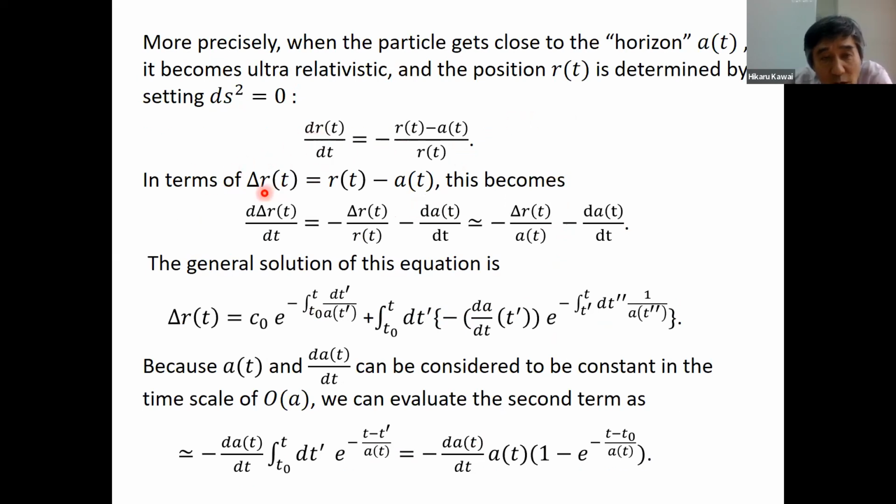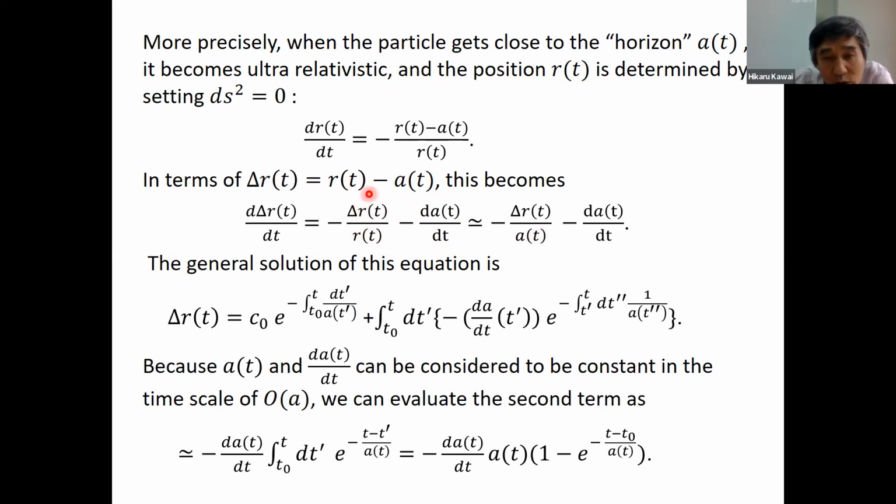In terms of delta R equal to R(t) minus A(t), this is a deviation from the horizon. If we take a time derivative of this, dr/dt is given by this, but the numerator is delta R by definition, and we have minus dA/dt. If delta R is smaller than R, meaning the shell is close to the horizon, we can replace R(t) by A(t).